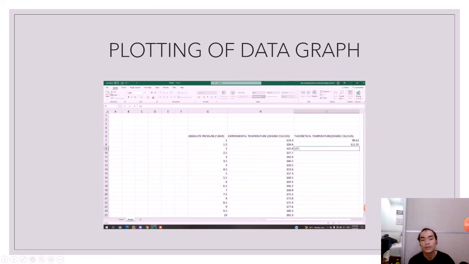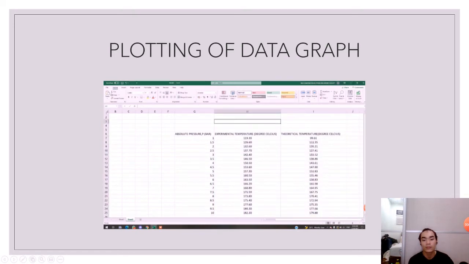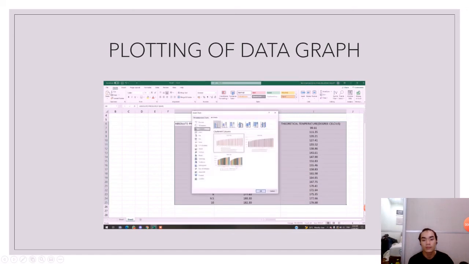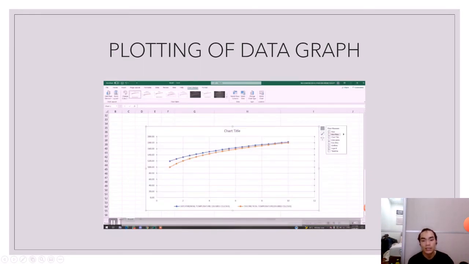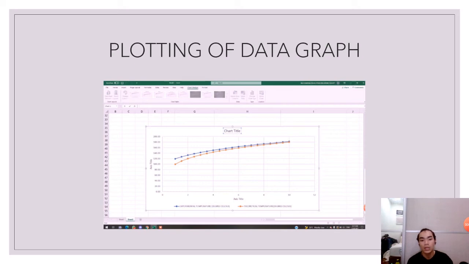What I'm going to do after this is to create a chart, and I'm using a line chart. I'm going to make the chart more presentable by putting in titles and values.